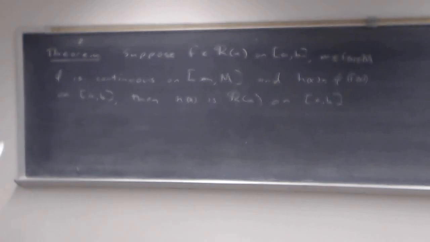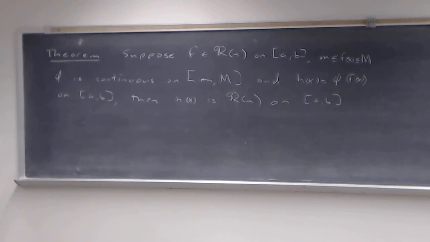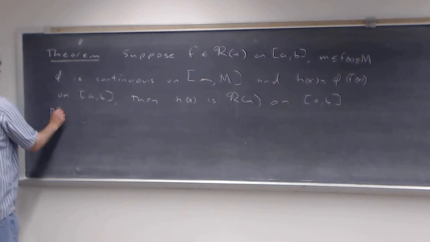And the proof is going to be somewhat similar to the last theorem that we had. We're going to be looking at upper sums and lower sums and subtracting them, and we want to show that that's less than a given epsilon. We're going to break the difference between the sums into different parts. Okay, so here's the proof.